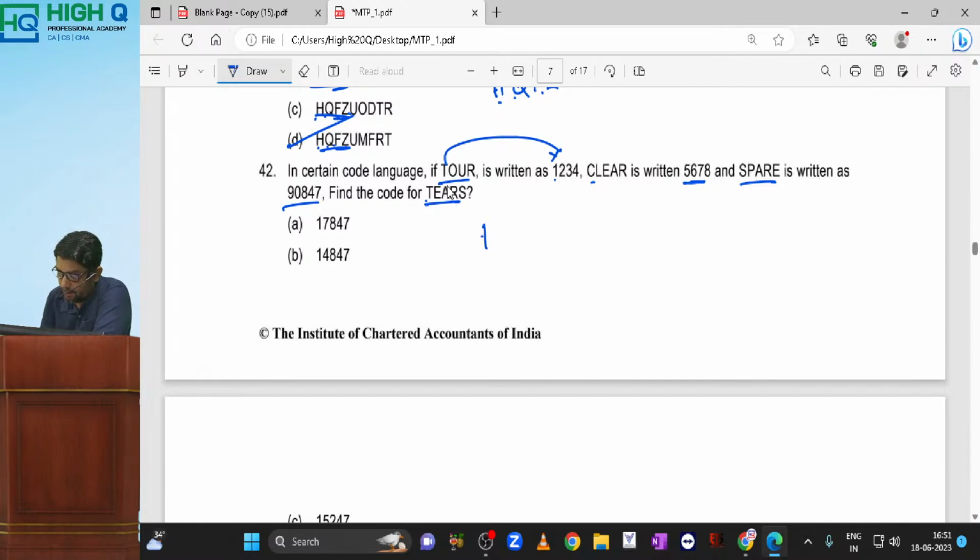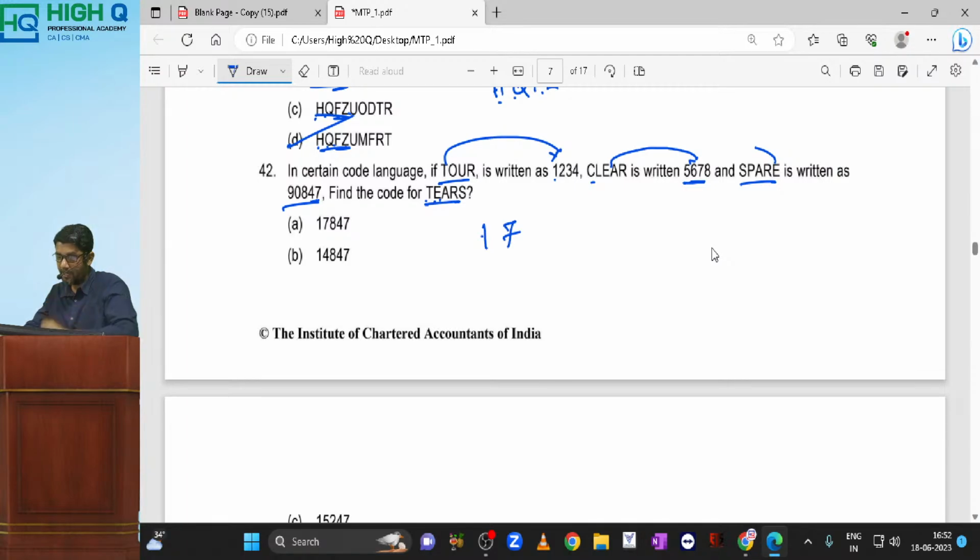T is 1. E is 7. A is 8. Clear is written as 5, 6, 7, 8. No, there is a mistake, my dear.